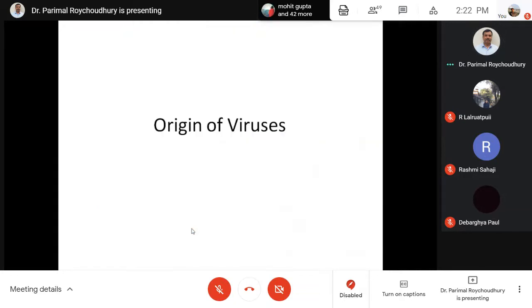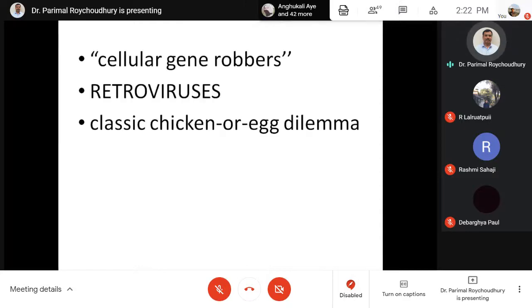Now, it's a very small area: the origin of viruses. Obviously, people will talk about the evolutionary process, like how from unicellular organisms the plants and animals evolved. The obvious question is where the viruses came from in this world.